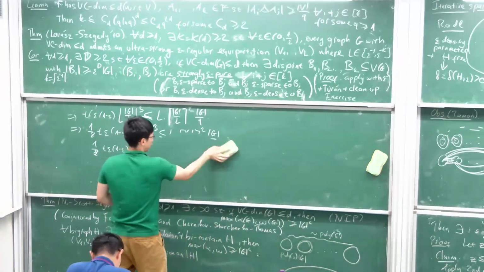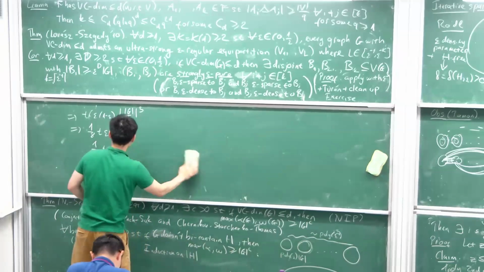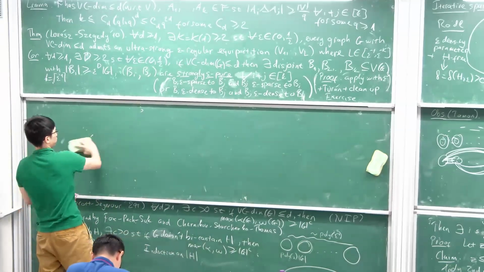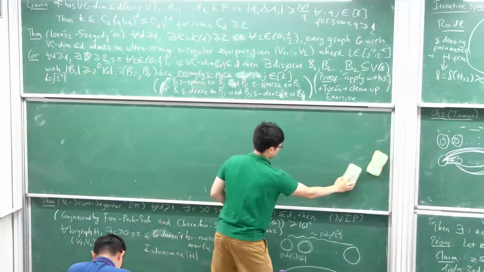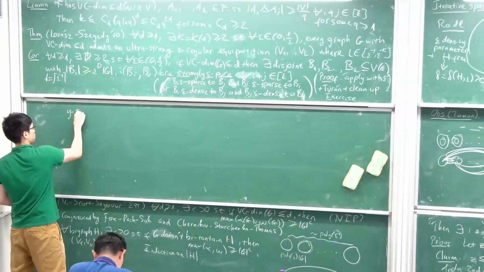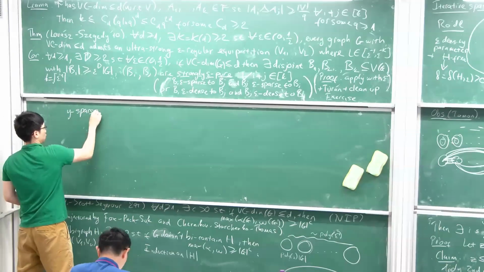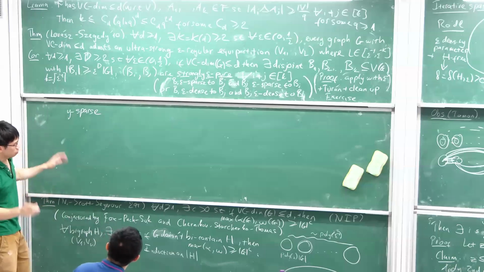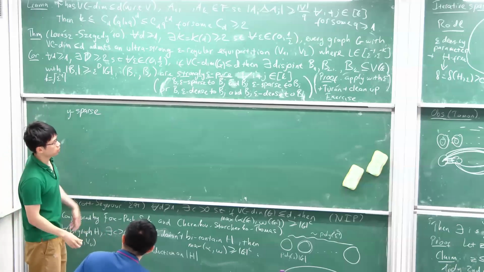Right, so now let me assume we are living in a sparse induced graph. Let me say that's F, and the induced graph is y sparse. The y dense scenario is not going to be too different.